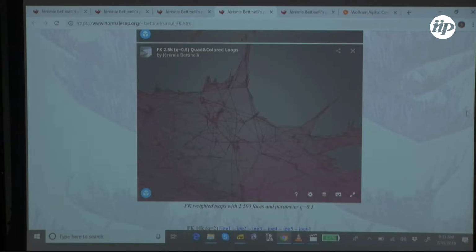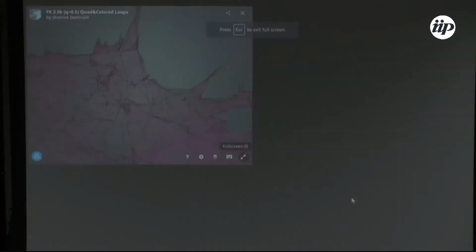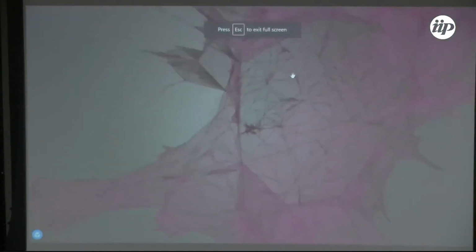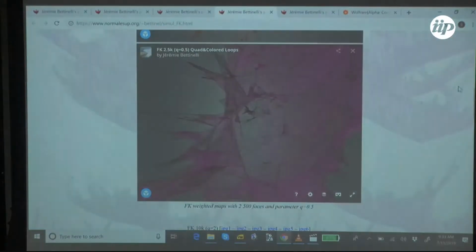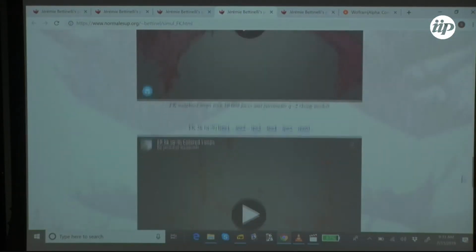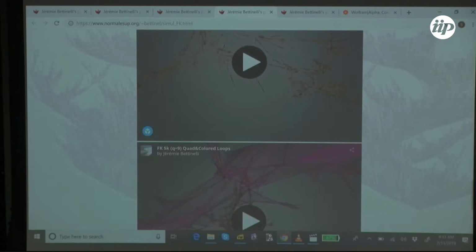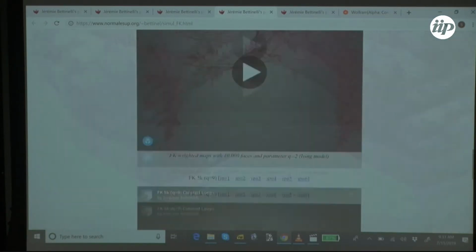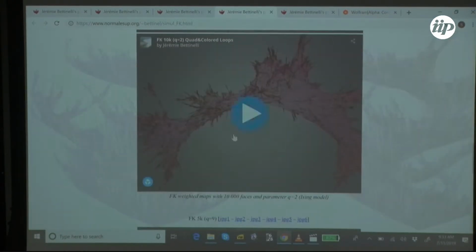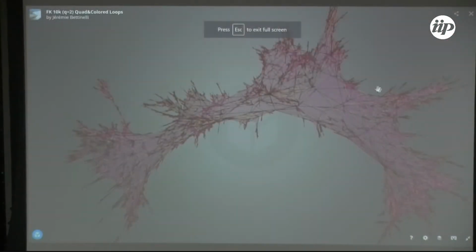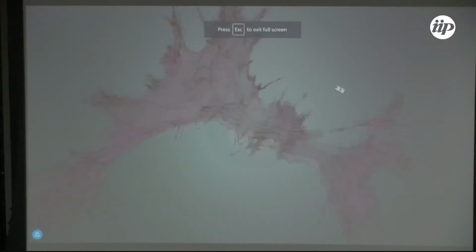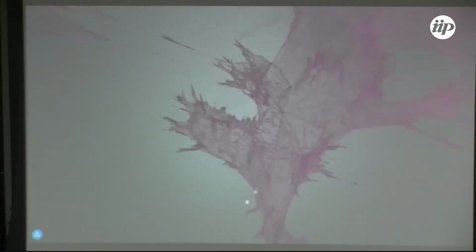And let me show you something that's a little more tree-like. If I go down here and do the one that corresponds to decorating by an Ising model, this should be rougher. It's a little hard to tell sometimes, but it should be a little bit rougher, more tree-like.